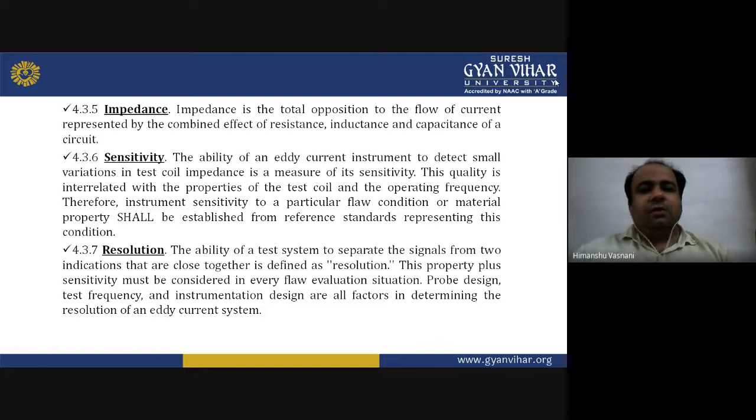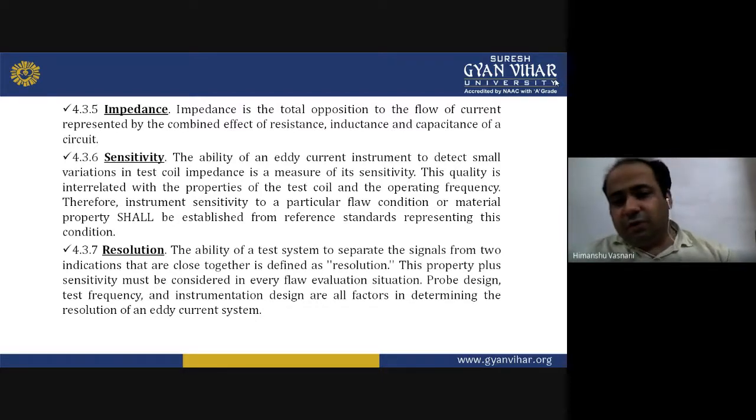Now resolution. The ability of a test system to separate the signals from two indications that are close together is defined as resolution. This property, plus sensitivity, must be considered in every flaw evaluation situation. Probe design, test frequency, and instrumentation design are all factors in determining the resolution of an eddy current system.